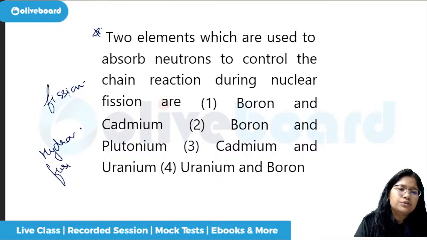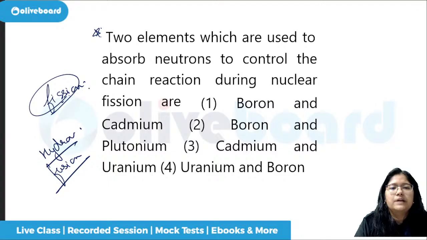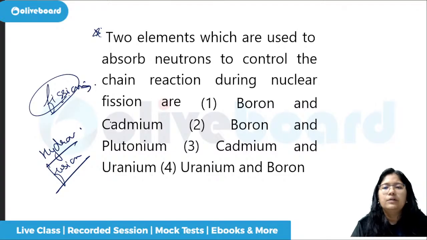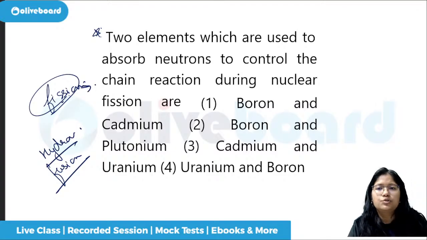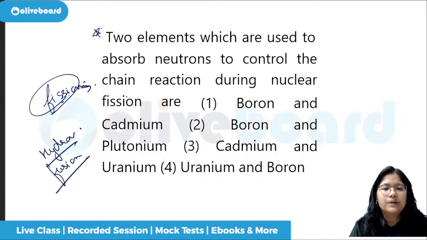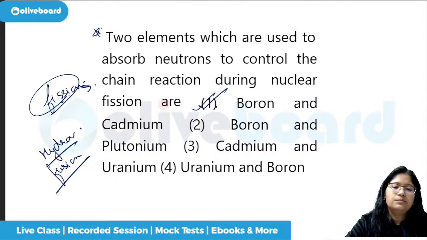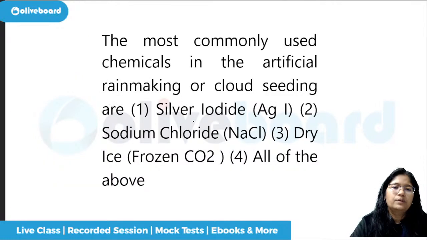We have fusion. In a hydrogen bomb we have fusion, and in a nuclear reaction we have fission. Now they are asking what is used to trap it, or to control it. So we use boron and cadmium, boron and plutonium, cadmium and uranium. So we use boron and cadmium. So 1 is the correct answer, boron and cadmium.